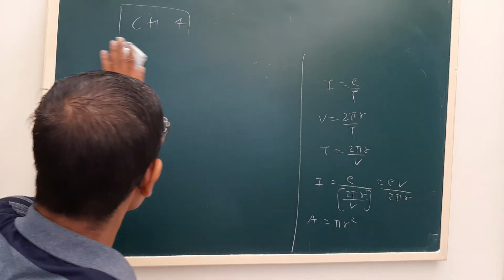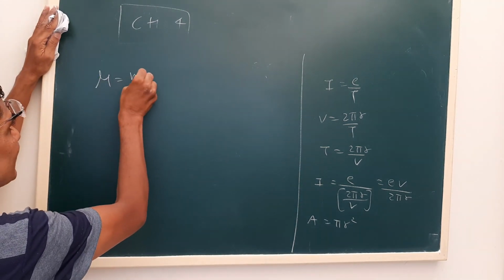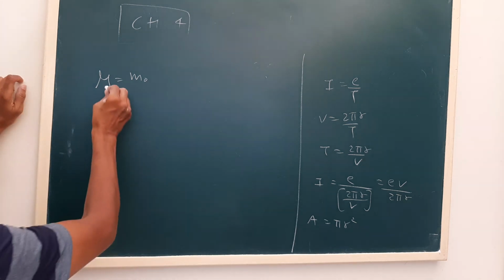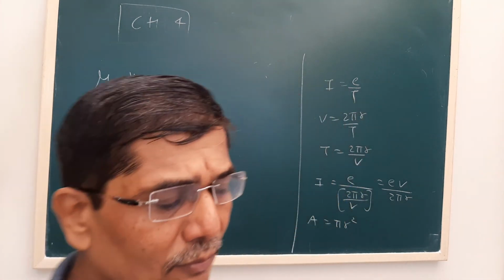The magnetic moment is called mu, or in some books it is mentioned as M_O, that is the orbital magnetic moment, or it is mu_L. Later on we have to relate it with the angular momentum also.